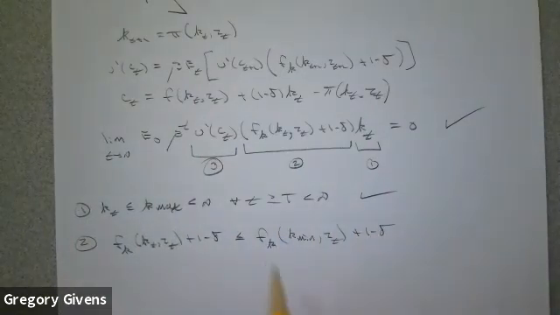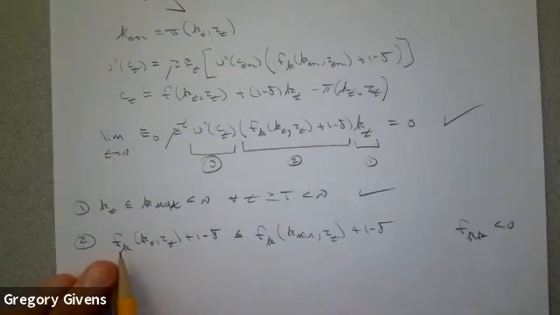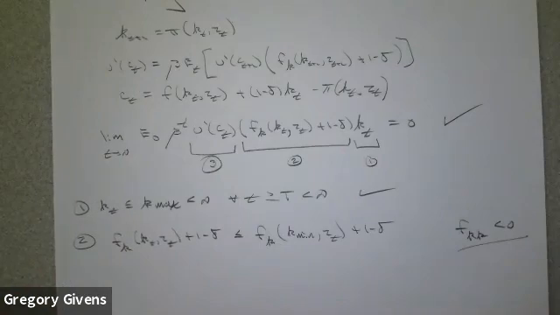Why do I know it's bounded above by f_k at k min? Because the production function is strictly concave. So the lower k gets, the higher the marginal product of capital. So the marginal product of capital evaluated at k_t is less than the MPK evaluated at k min, right? Because the second derivative of f is negative.